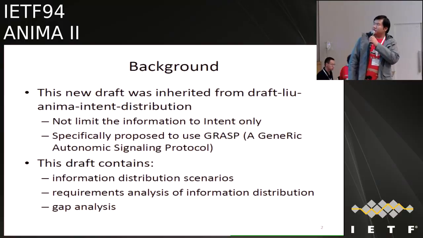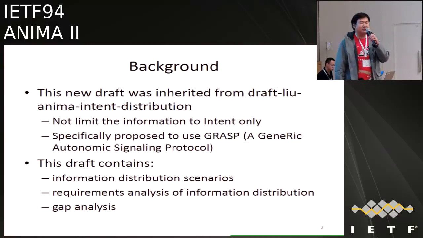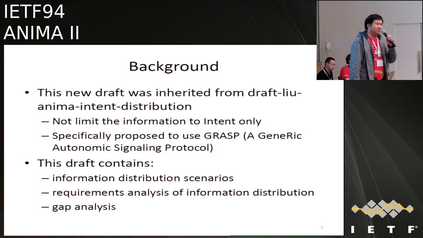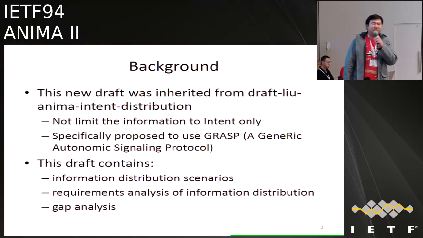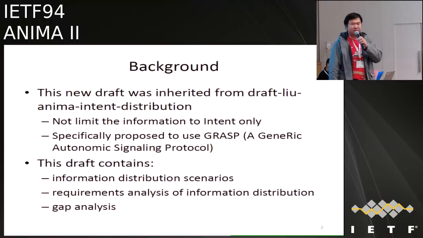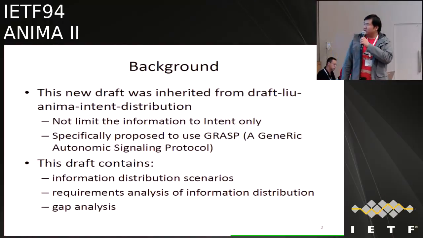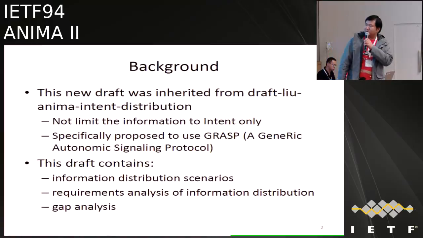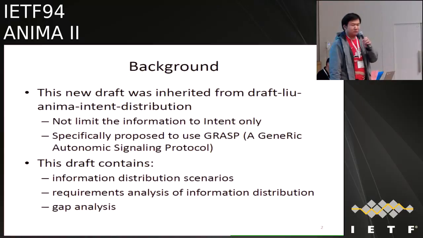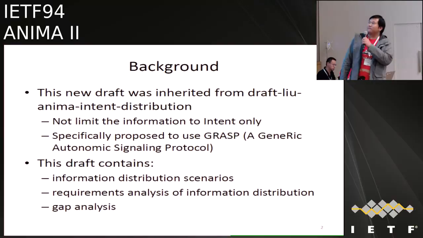And in this new version, we make it more explicit that it is achieved upon the GRASP protocol. So we did some scenario analysis of the distribution and the requirement analysis, and then we make some gap analysis according to the current GRASP.